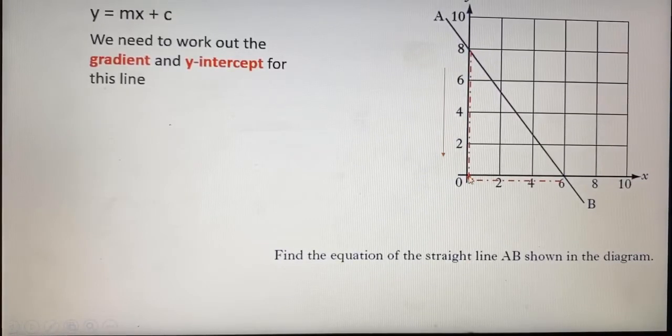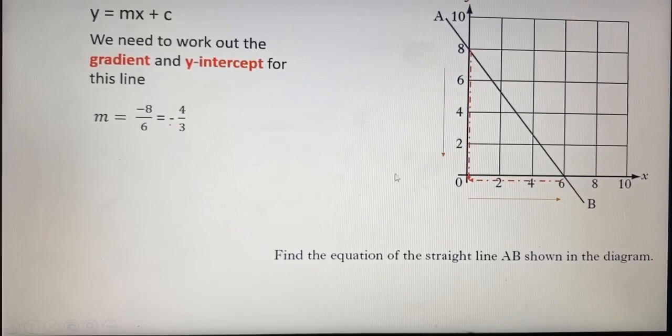Although it's boxes, each box is 2, so we've got to count how many from 0 to 6 is 6. So 8 down and 6 along, so our vertical distance is minus 8, down by 8, and then horizontal is along by 6, and we can simplify that to minus 4 over 3.